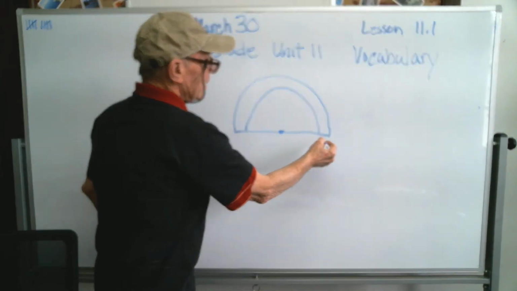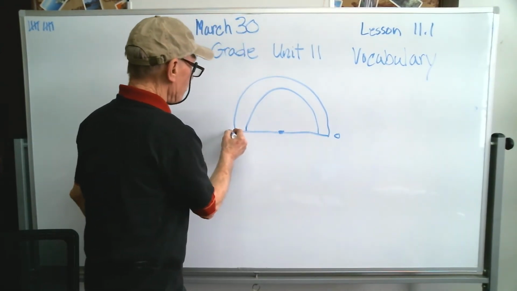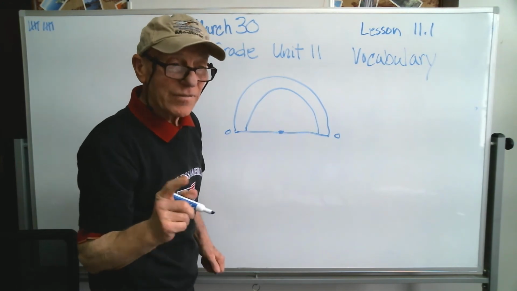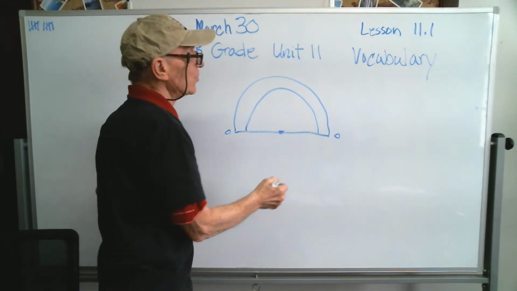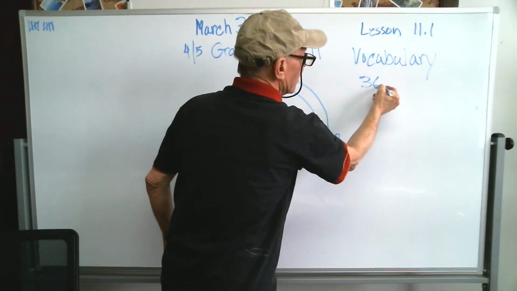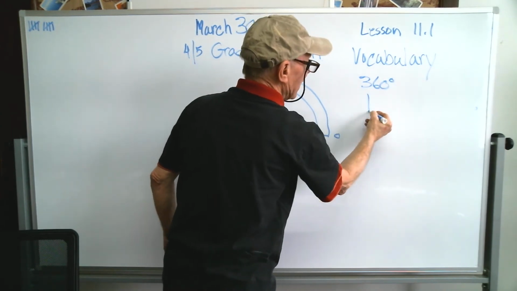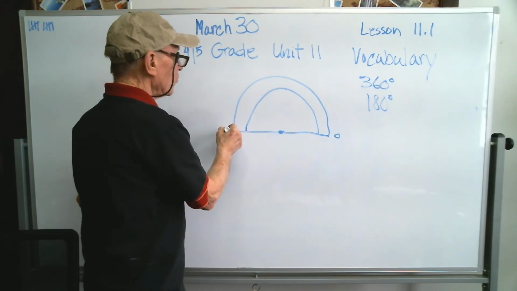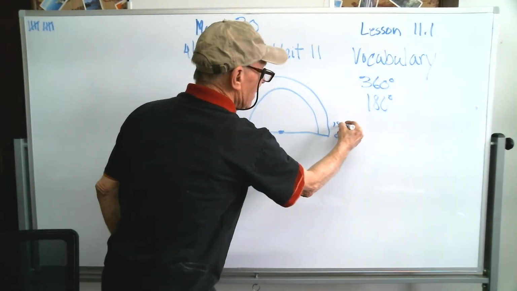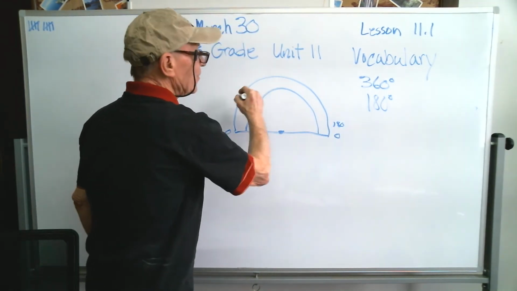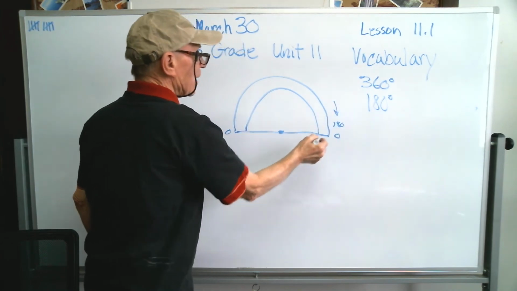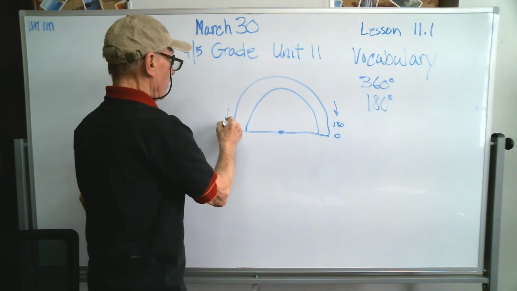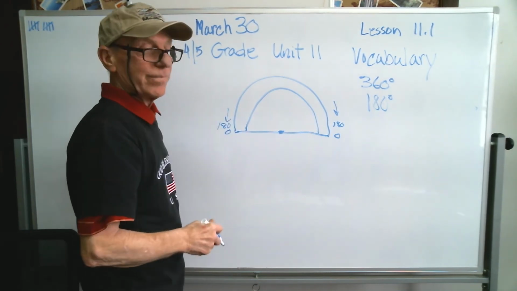And it goes in two directions, and because this is 1/2 of a circle, remember I told you a circle is 360 degrees, 1/2 of that circle is 180 degrees. So it goes from 0 to 180 in that direction, and it also goes from 0 to 180 in that direction.